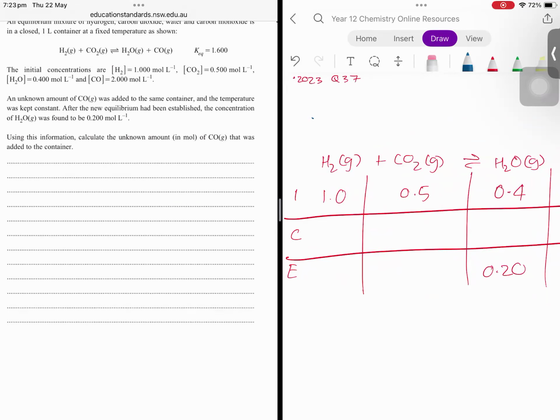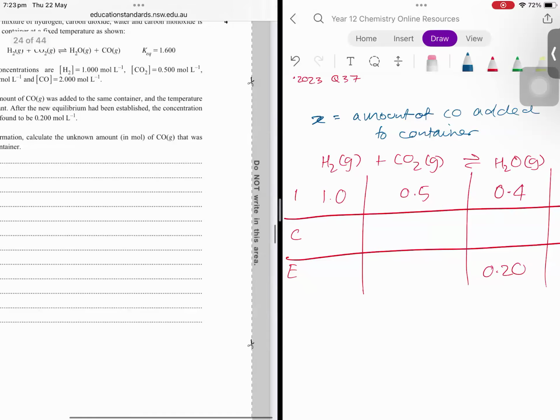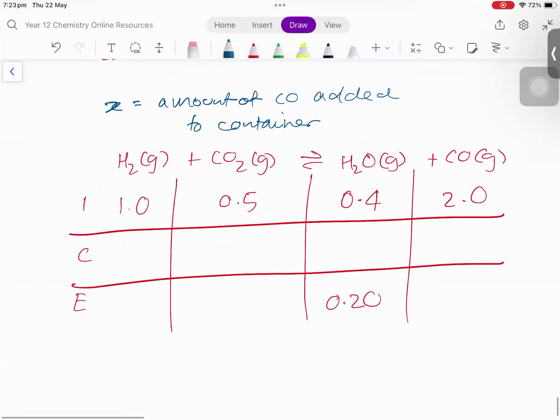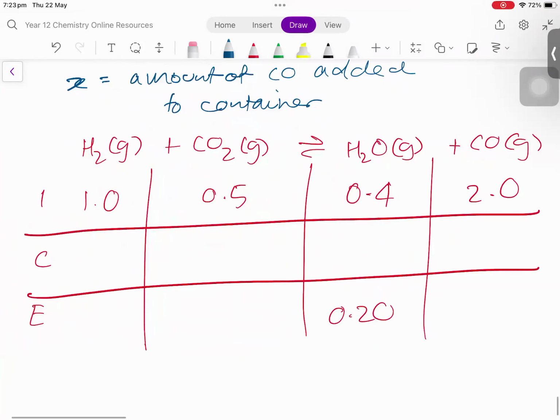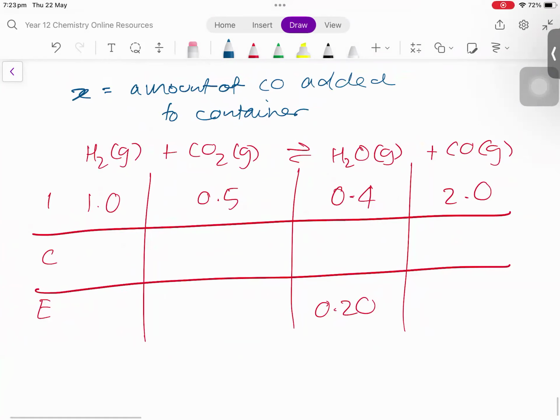So let's call that X. X is the amount of CO added to the container. It has to be in your ICE table. Again, we've established that because otherwise you would just fill every number in and then solve for K, even though they've given you K. So X has to go somewhere in this ICE table. Any guesses where you might put X?